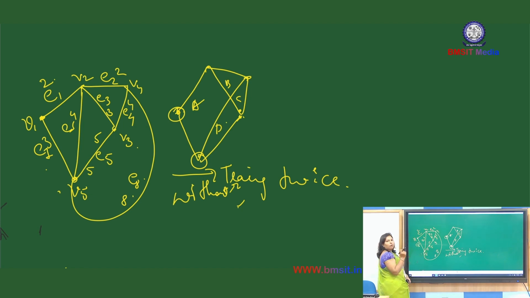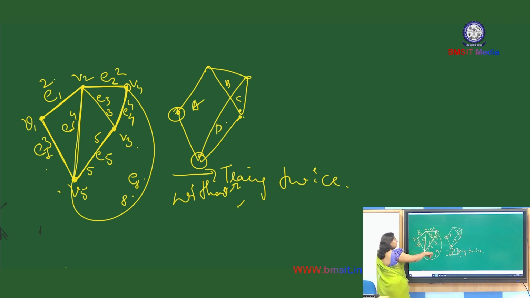Now I want to know the path from V1 to V4. Which path am I going to choose? We have a path from V1 to V2, V2 to V4. And we have a path from V1 to V5, V5 to V3 and V3 to V4. And we have a path from V1 to V2, V2 to V5, V5 to V3 and V3 to V4.